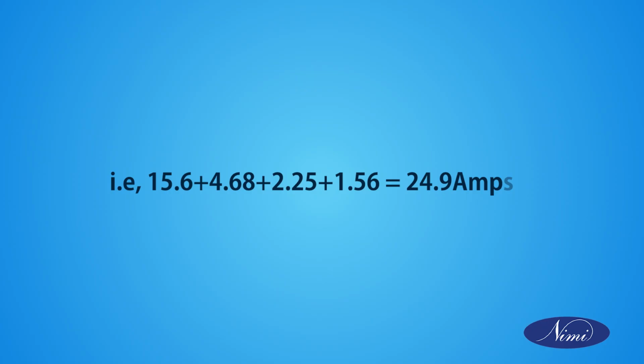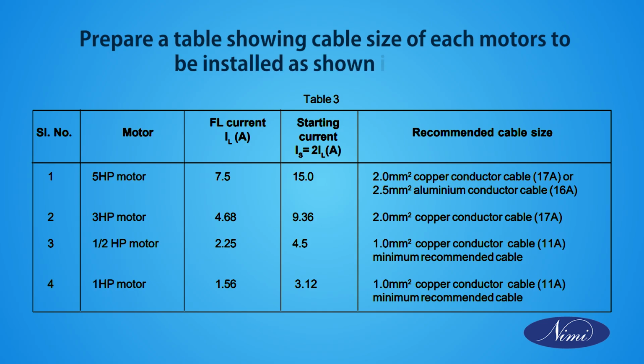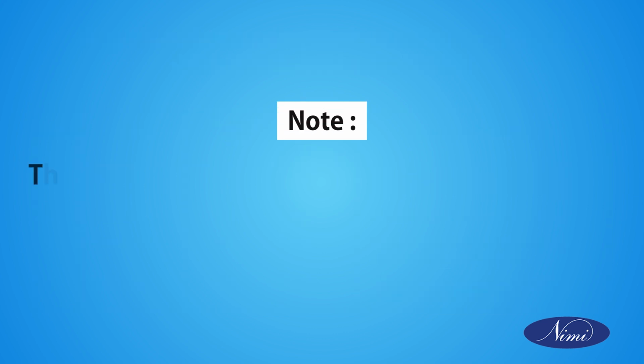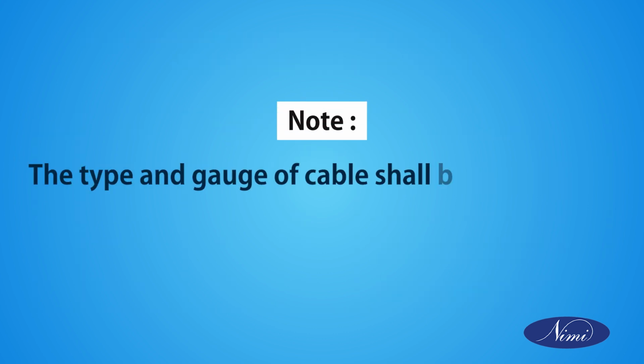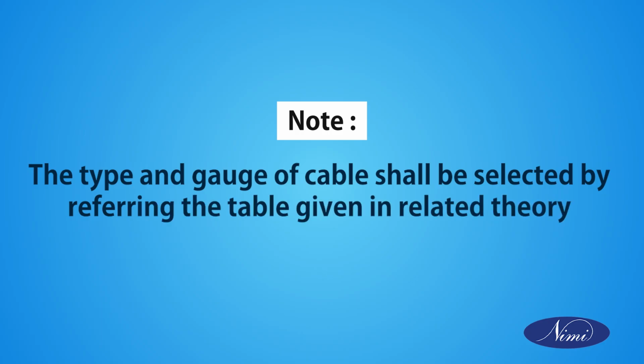That is 15.6 plus 4.68 plus 2.25 plus 1.56 is equal to 24.9 amps. Prepare a table showing cable size of each motor to be installed as shown in Table 3. Note: the type and gauge of cable shall be selected by referring the table given in related theory.